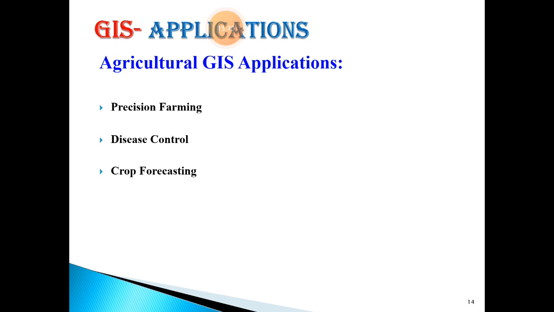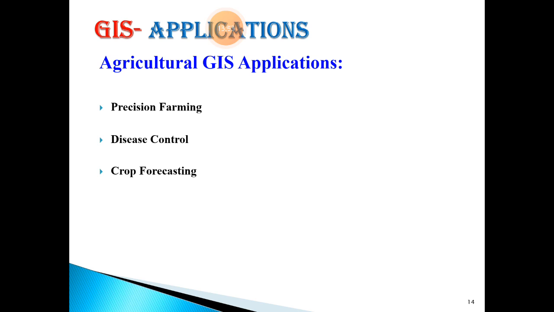First one is GIS application in the field of agriculture. Agriculture is the backbone of our country. Agricultural GIS provides information about the status of the crop yield in the given farmland. Thus, it helps in the usage of less fertilizers and more crop yield, and this particular technology we call precision farming.